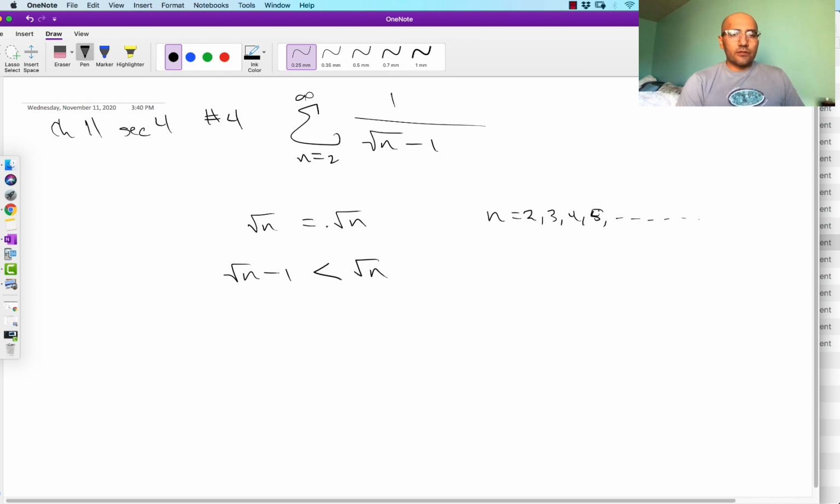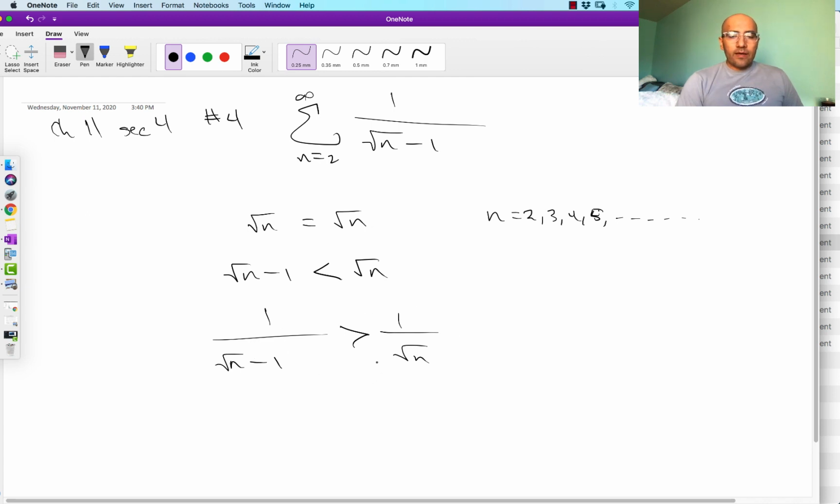Notice that it starts at 2, so starting at 2, that must be true. And then if we flip it over, 1 over root n minus 1 must be larger than 1 over root n, right? The smaller one, you divide by the smaller, you get a larger number.